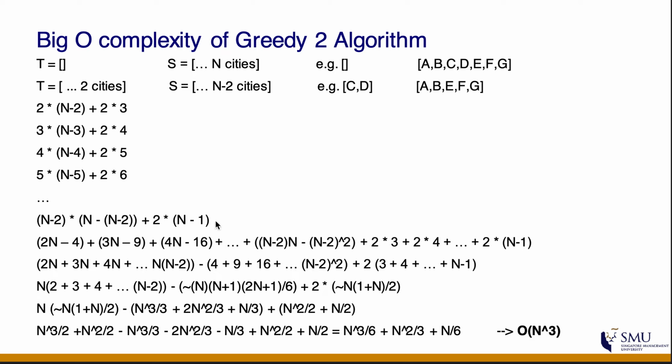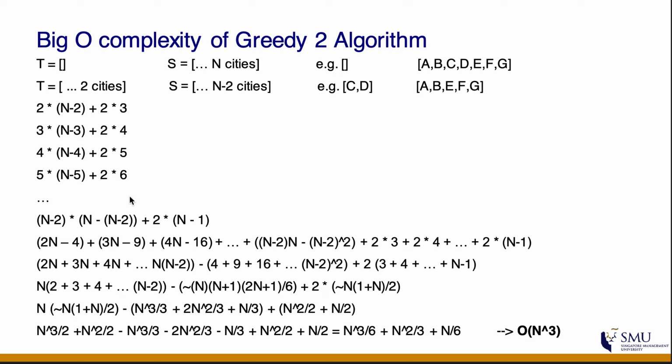Now this expression, if we simplify a little further, we need to add all of these steps, right? So in each iteration, these are the number of steps, and you need to add all these steps up, right? The way I've added it here is, I've just combined all of these together, right?